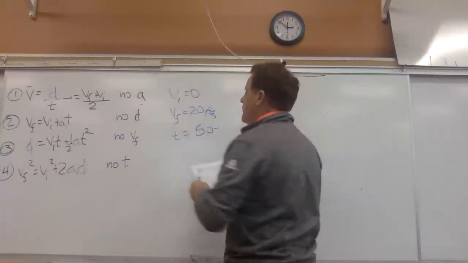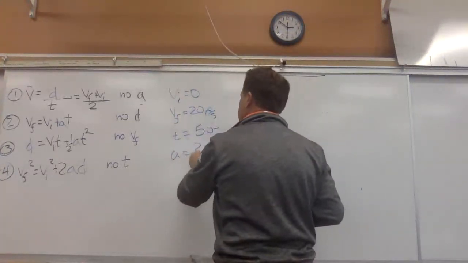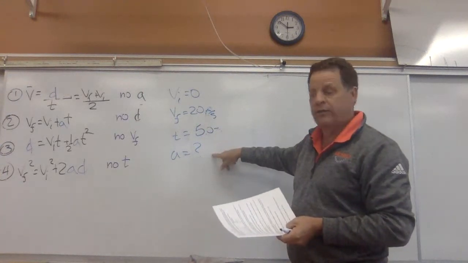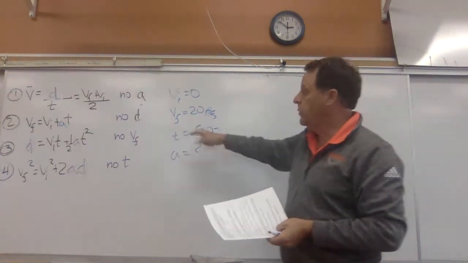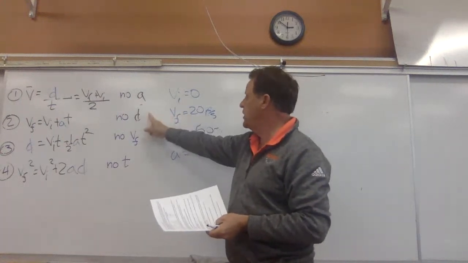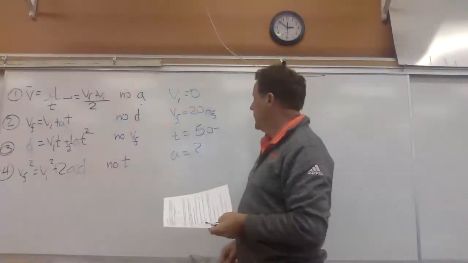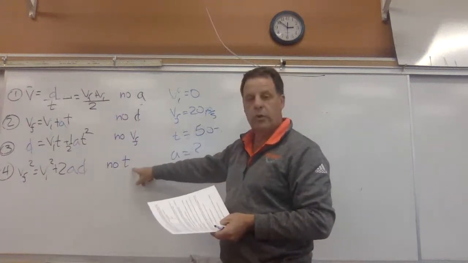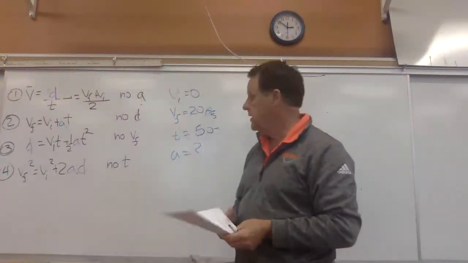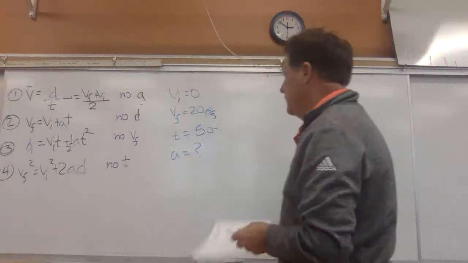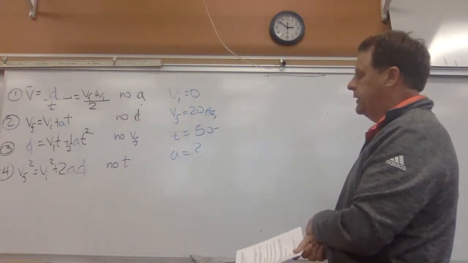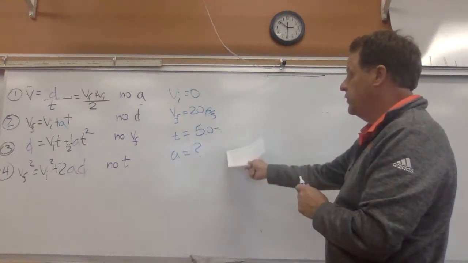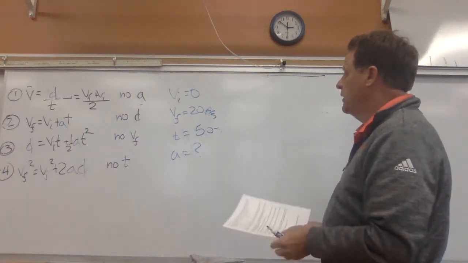So from this material, we want to figure out what the acceleration is. And notice that we do not have distance here, so we can't use equation number 2. And we have time, so we can't use equation 4 because it doesn't have time, and we need time.